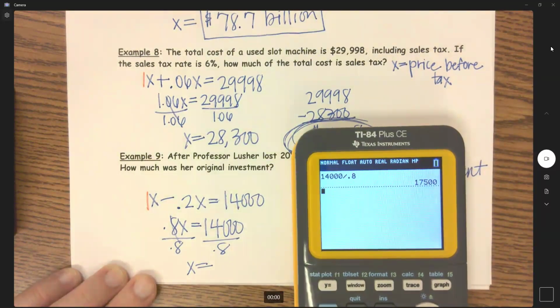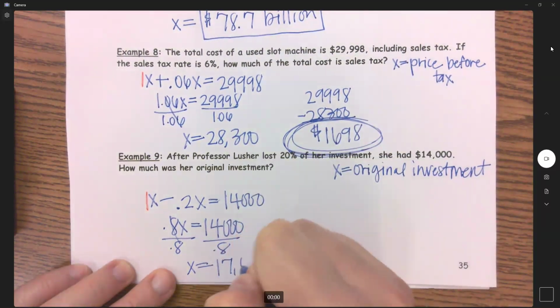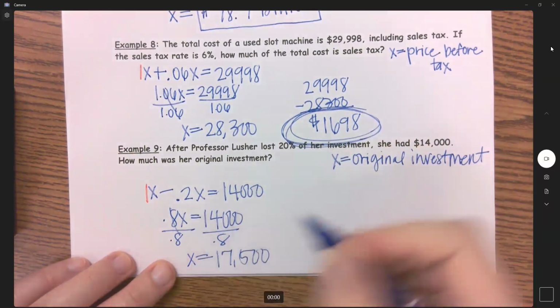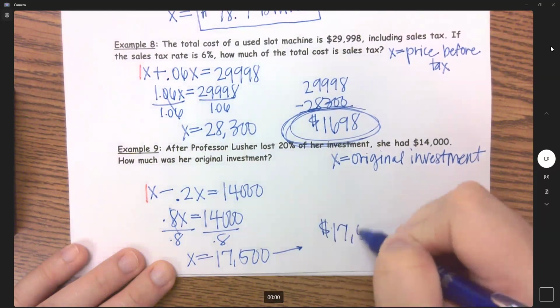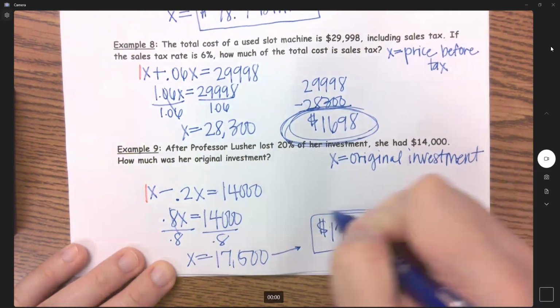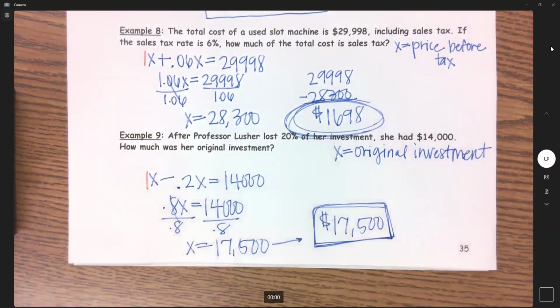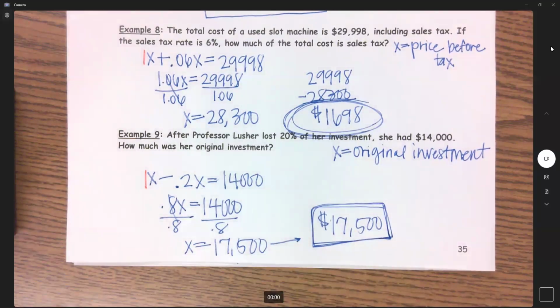And my original amount was 17,500. So, talking about money, I'm just going to add that dollar sign here. So, I started with an investment of $17,500, lost 20% of it, and now I have that $14,000.